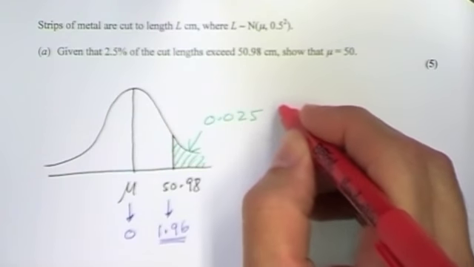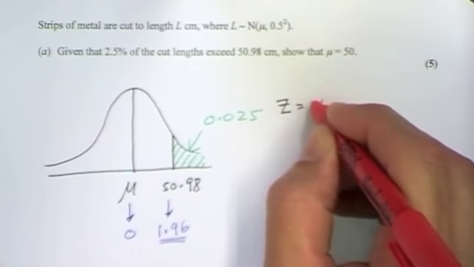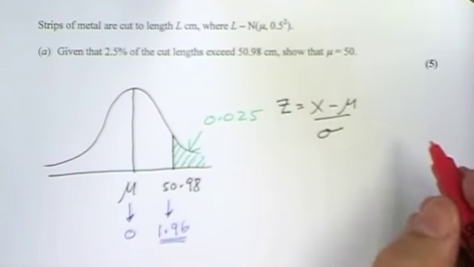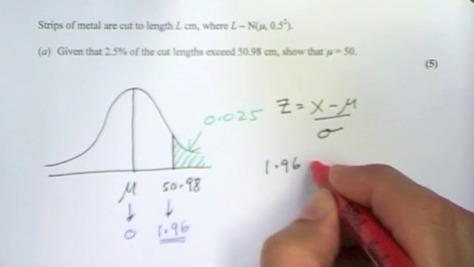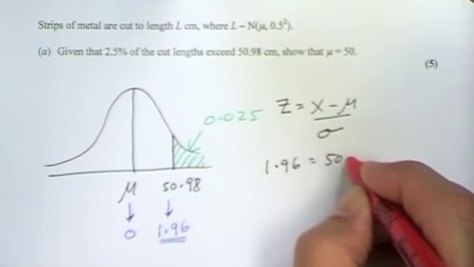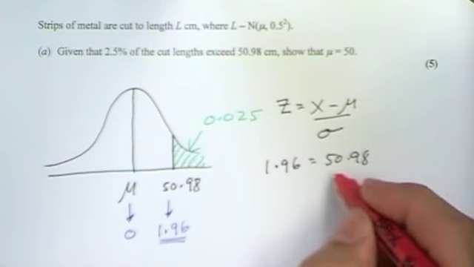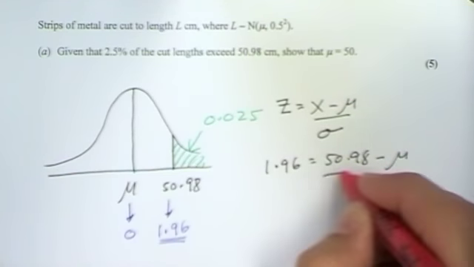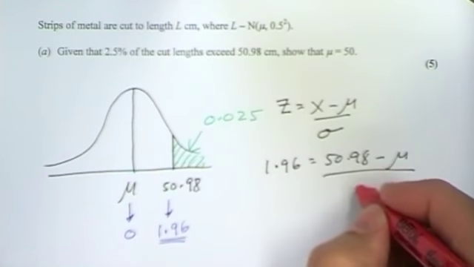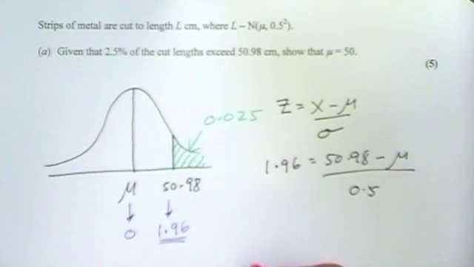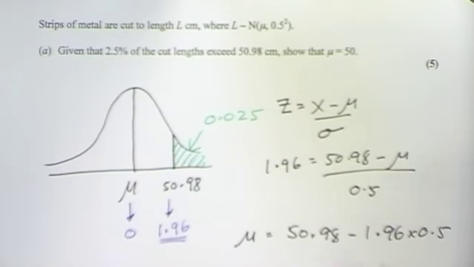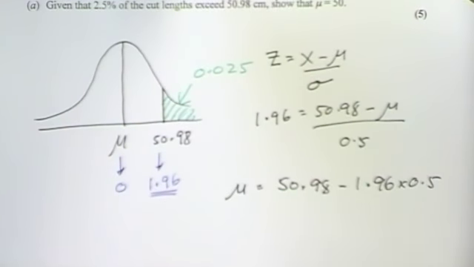So the formula is z equals x minus mu over sigma. Z we know is 1.96 equals x, which is 50.98, take away mu, which we don't know, divided by sigma, which is 0.5. I can rearrange that to get mu equals 50.98, take away 1.96 times 0.5, and all of that, if you press the buttons on the calculator, does actually come to 50, as mentioned in the question.